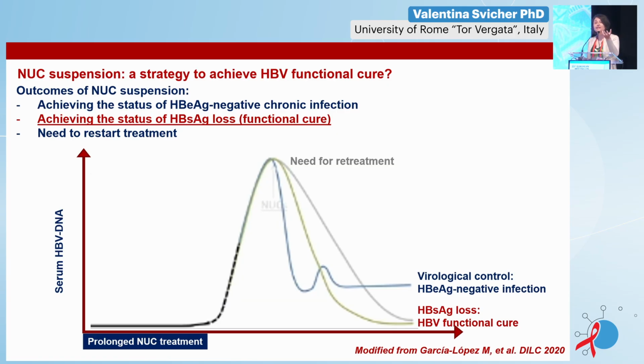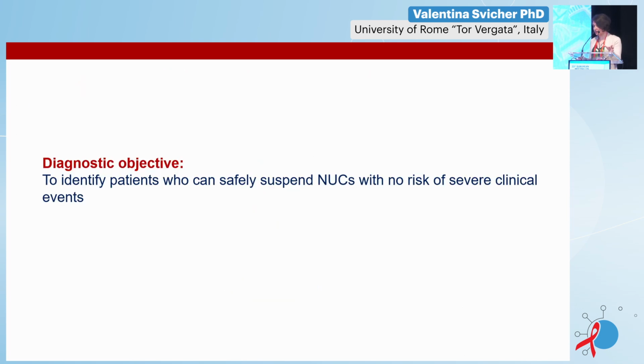And this resumption plays a pivotal role since it can, let's say, awaken our immune response against the virus, thus promoting the achievement of HBV functional cure. However, the outcomes associated with NUC suspension can be variable, and so here we have the diagnostic objective to define people who can safely suspend the treatment with no risk of severe clinical events.